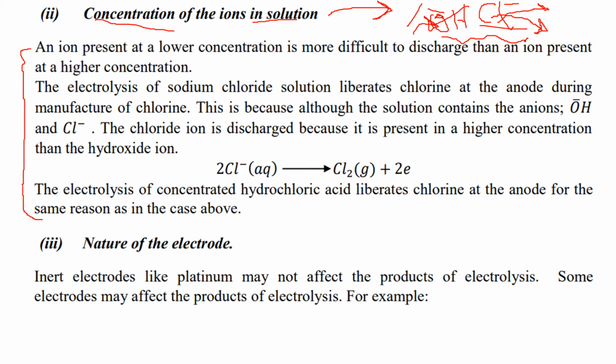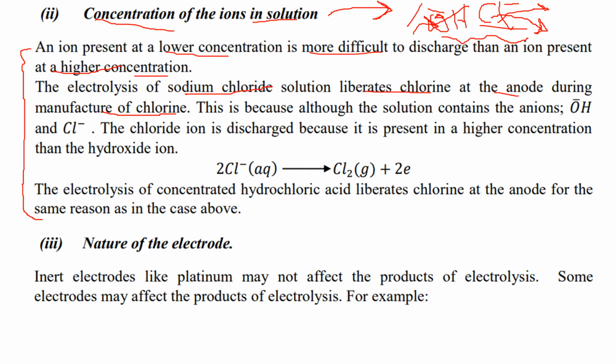Now, looking at this, we are going to make an elaborative essay about it, and we're going to say that an ion present at a lower concentration is more difficult to discharge than an ion which is present at a higher concentration. So the electrolysis of sodium chloride solution is going to liberate chlorine gas at the anode during the manufacture of chlorine gas.